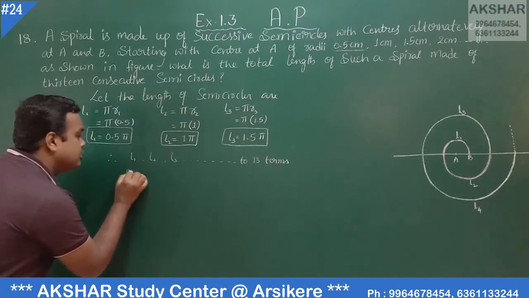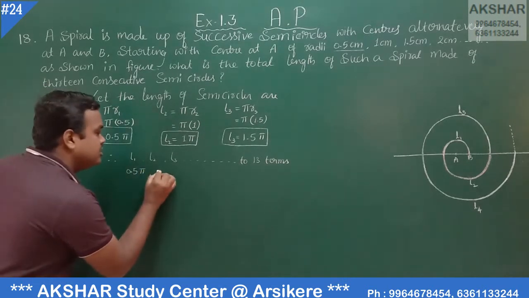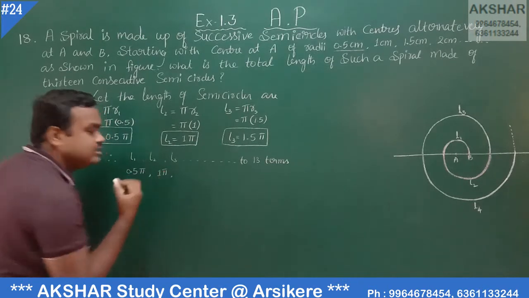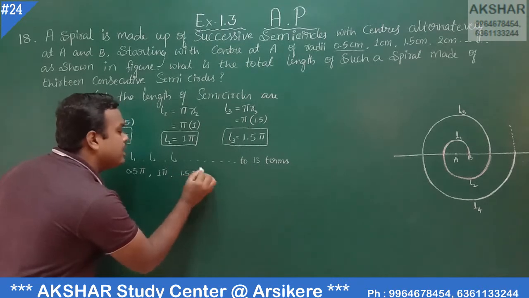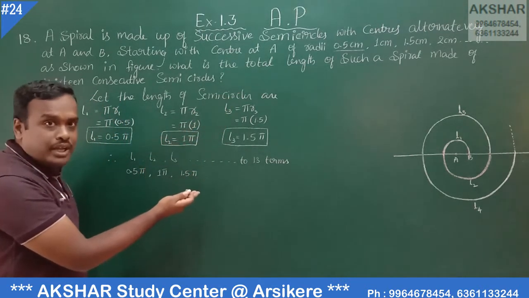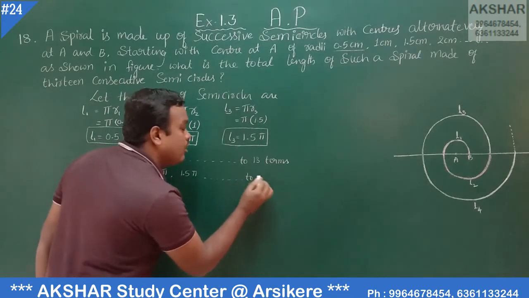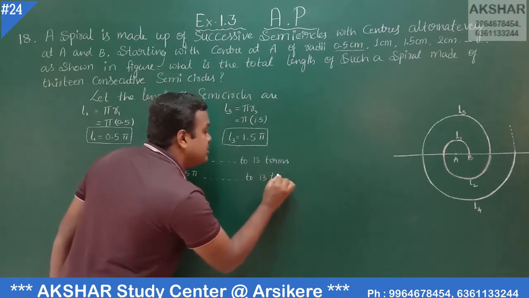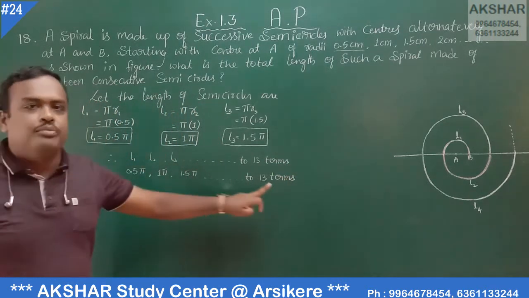What is the value of L1? That is 0.5 pi, first term. This is 1 pi, second term. Next is 1.5 pi, third term. Next, you may know, is 2 pi, 2.5 pi. So I will continue like this, so on to 13 terms. Children, this is our arithmetic progression.